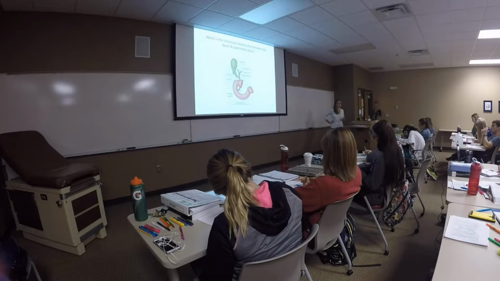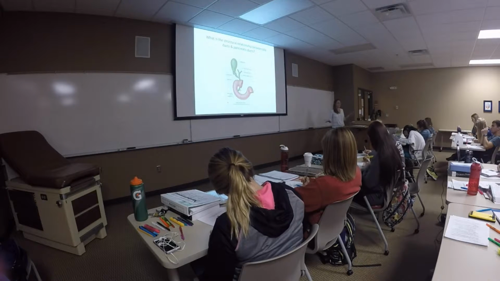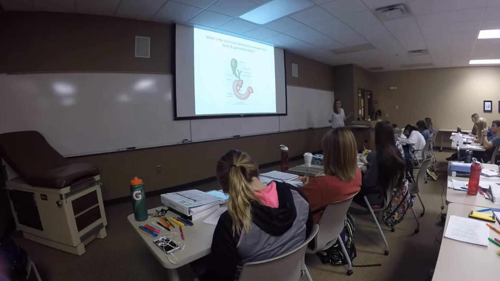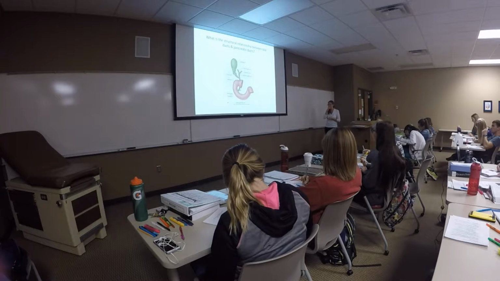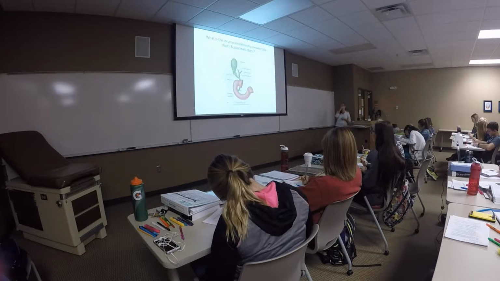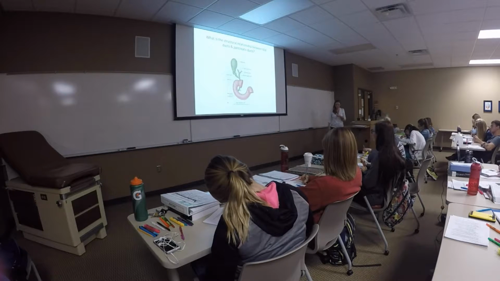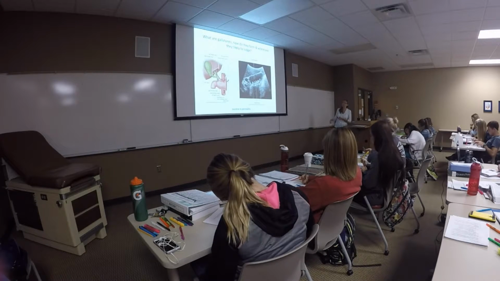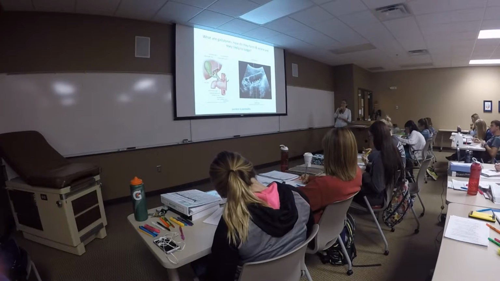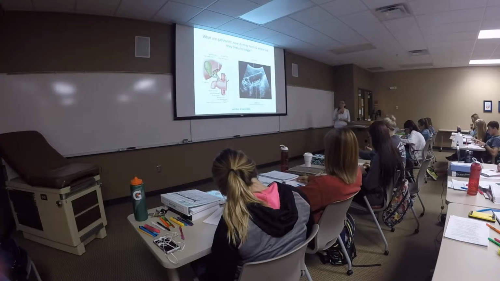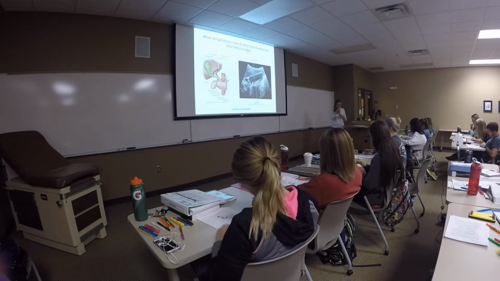And these can start destroying the pancreas and cause inflammation of the pancreas, pancreatitis. So, those are different regions of gallstones, and what they can cause depending on where they get lodged in the duct system.